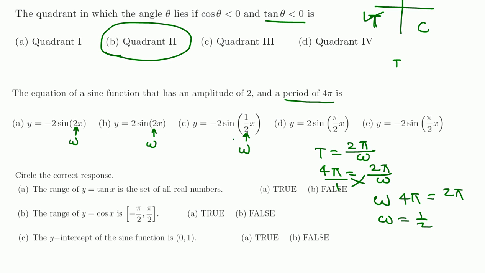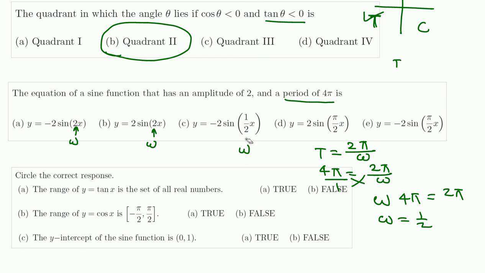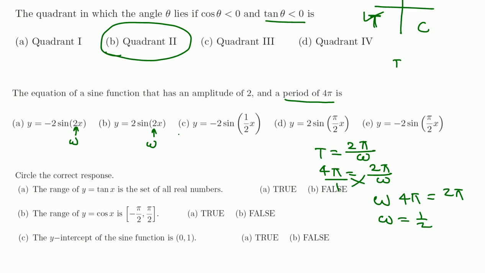So omega is 1/2 here. This is the right function. This is a sine function which has an amplitude of 2, because the absolute value of negative 2 is 2.